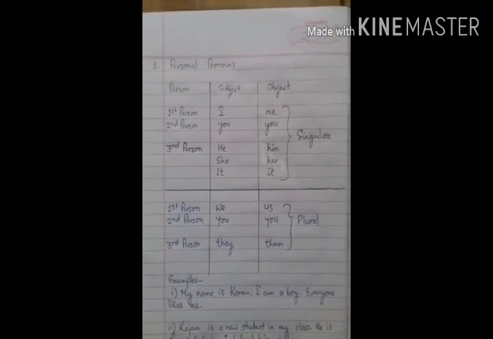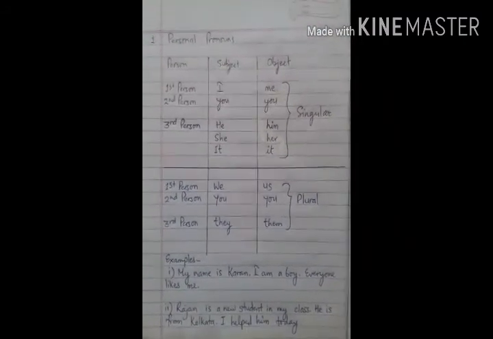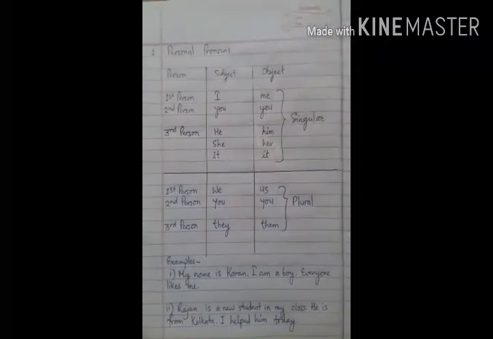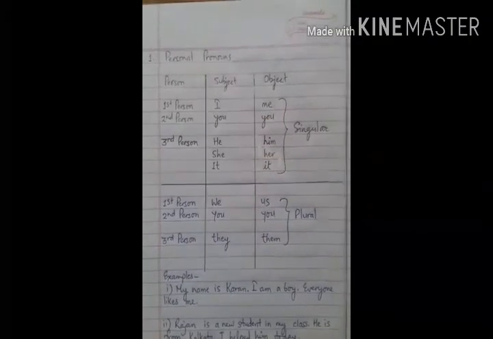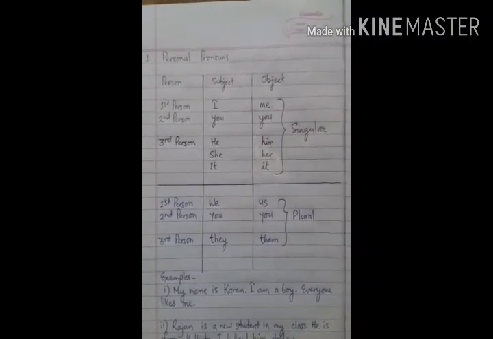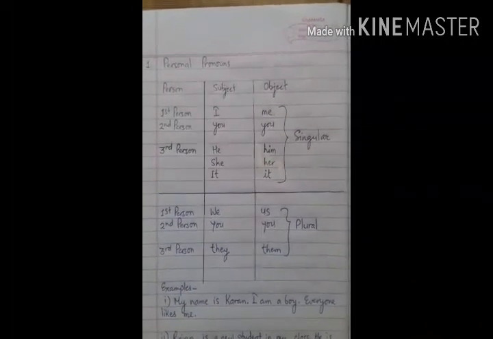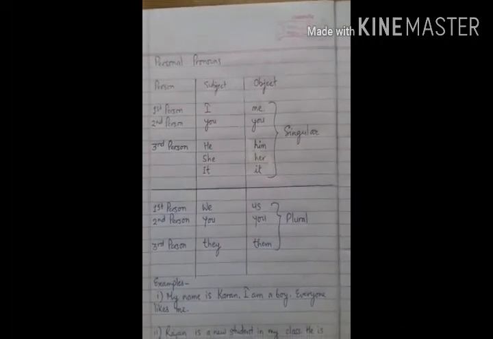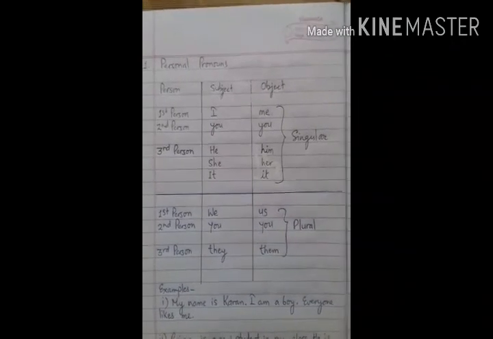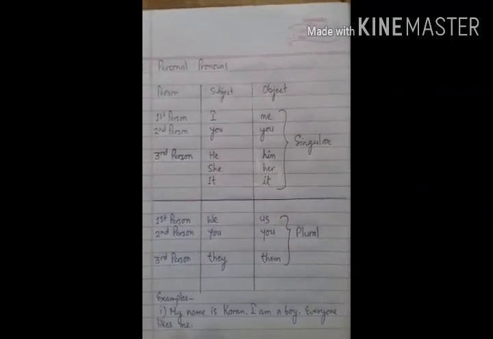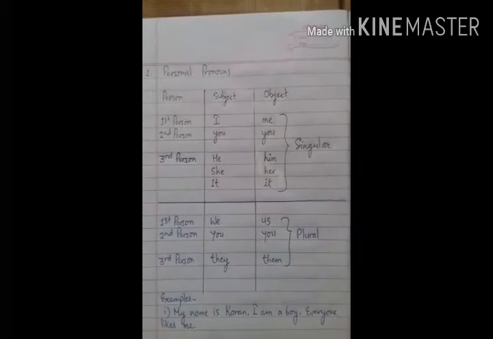In the same case, if we speak about the plural personal pronouns, the second person plural pronoun is "you", and "you" can be used both as singular and plural, and both as subjective and objective pronoun.